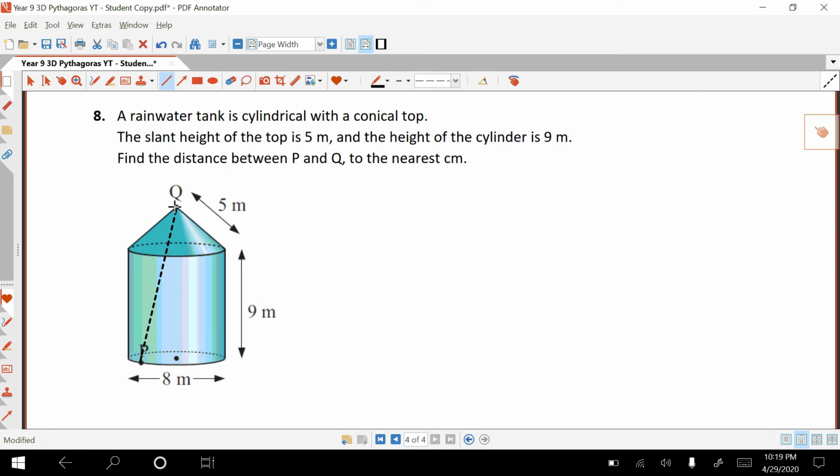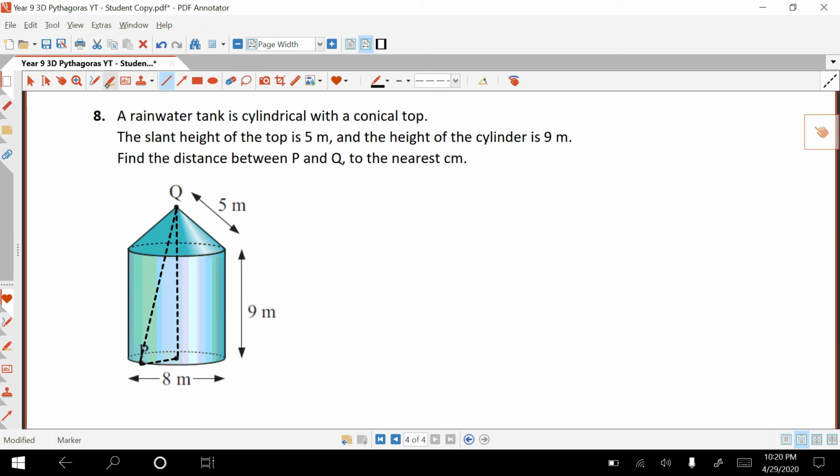Well, what we can do here is, first of all, try to imagine a situation whereby we can drop a line from the top all the way to the center of the base, and then we join these two. You can notice that the resulting shape is a triangle, and that's what we want because we want to apply Pythagoras theorem.